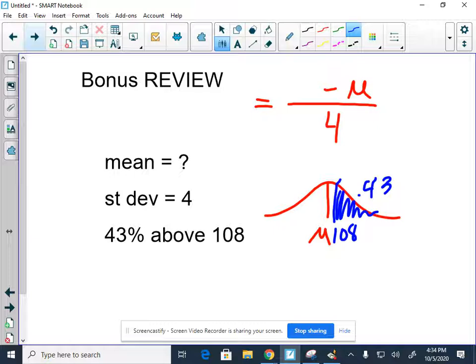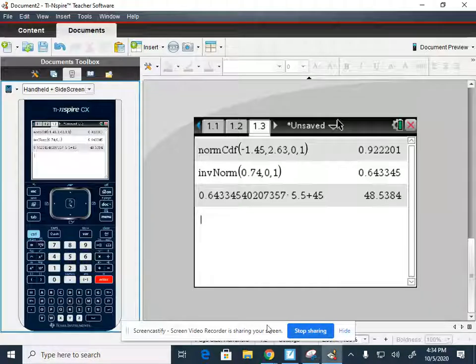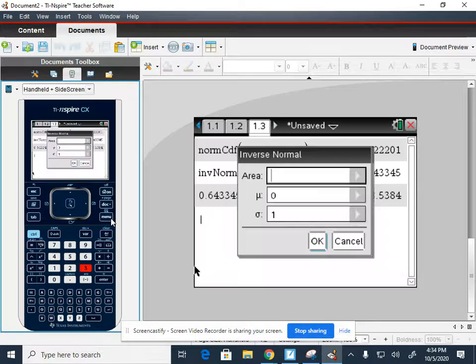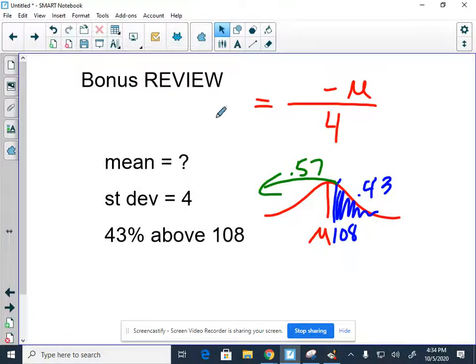Okay, so first I'm going to have to calculate this because inverse norm only does the area to the left. So the area to the left is 57%. I use that 57% to calculate a z-score, and I get a z-score of 0.176. I'm going to go ahead and keep a couple decimals.